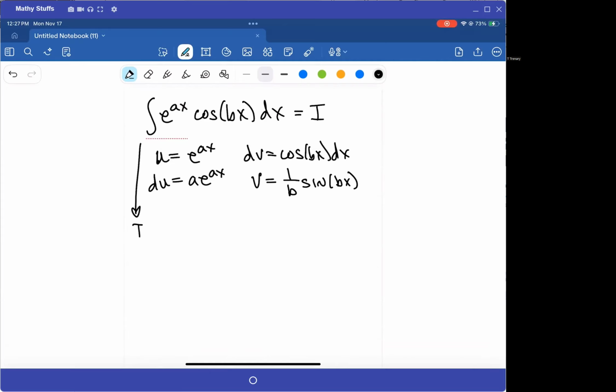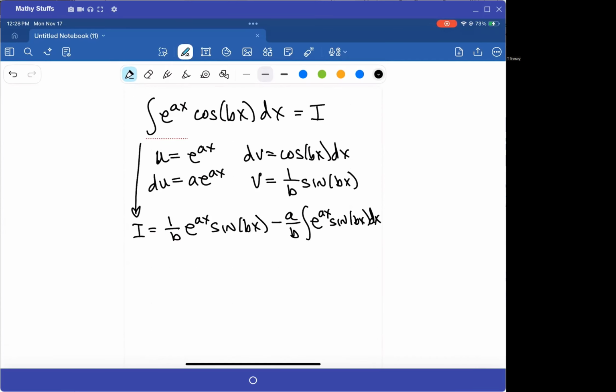So I is equal to u times v minus the integral of v du. So notice that I've got an a over b that would come out front. Integral e to the ax sine of bx dx.